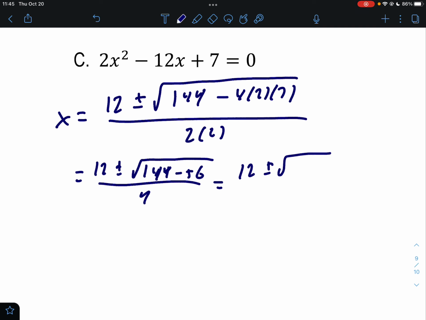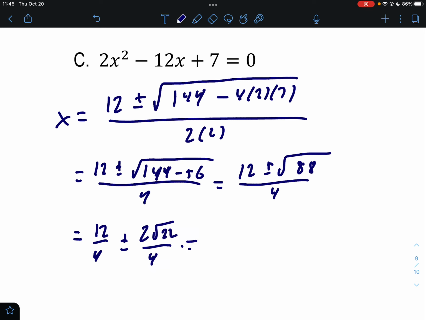So 144 minus 56 would be 88. So we have 12 over 4 plus or minus root 88 over 4. Root 88 is 4 times 22, so 2 root 22 over 4. And this can simplify down to 3 plus or minus root 22 over 2.